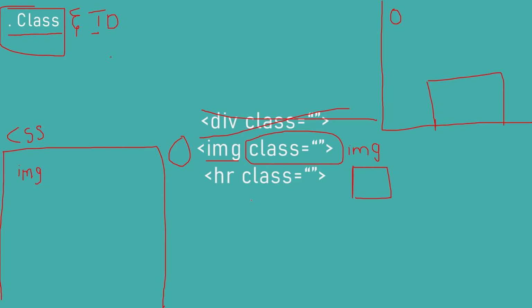A class can be named on your own. For this image, let's say our class is circular logo. For this image, the class will be rectangular logo. Let me erase that.